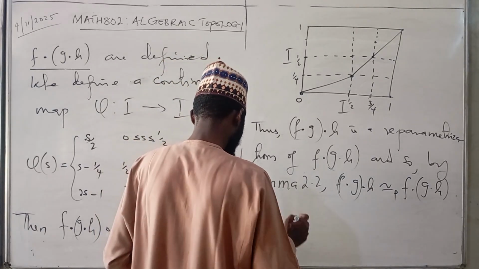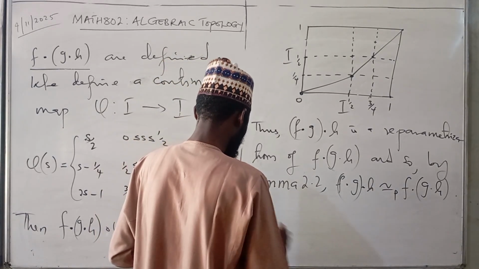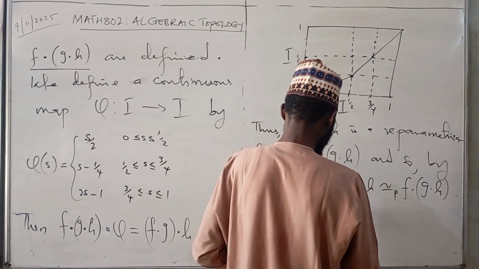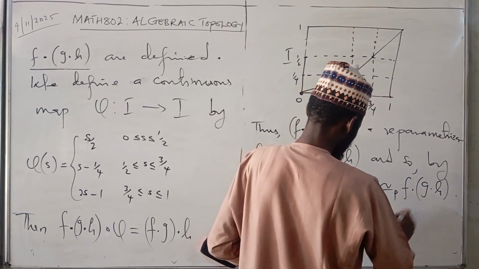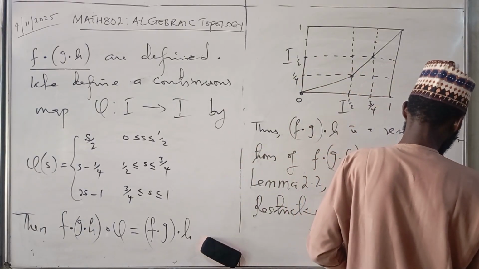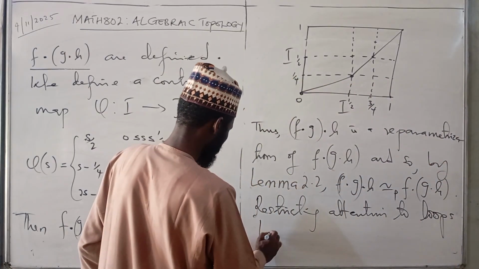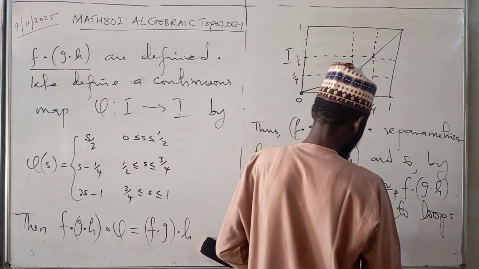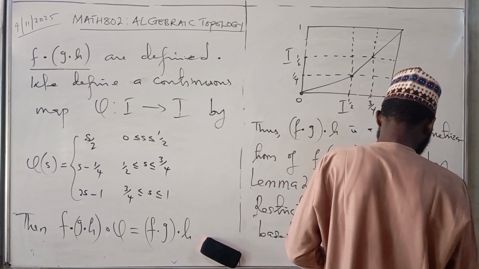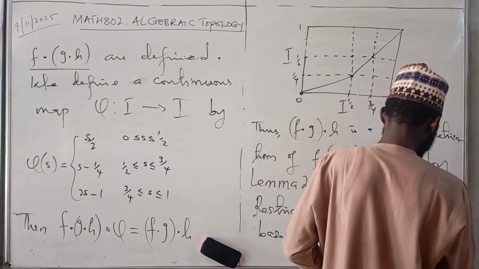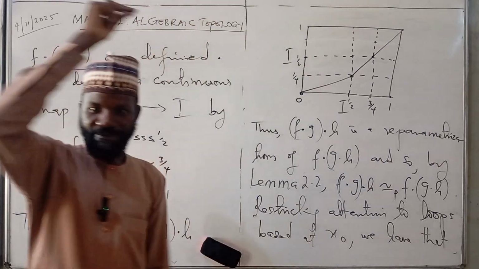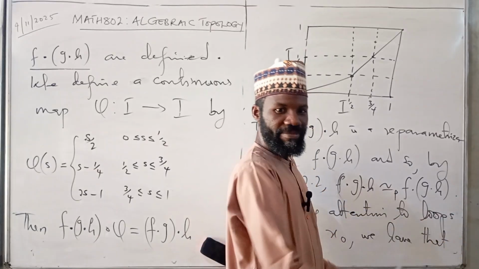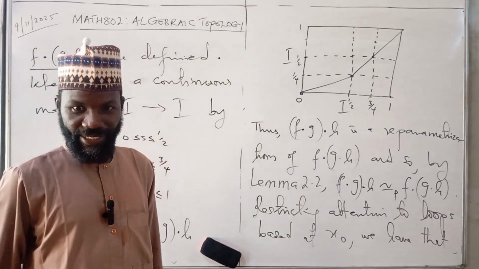So by restricting attention now to loops based at x naught, combined with the lemma, we have that if these things are homotopic, then they have the same homotopy classes.